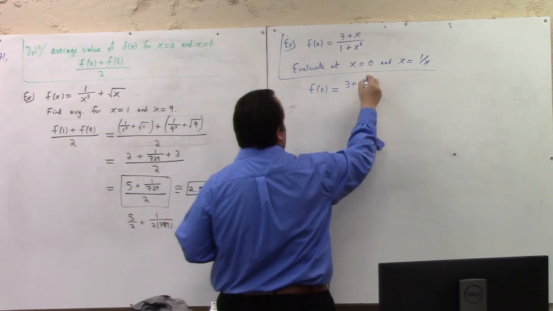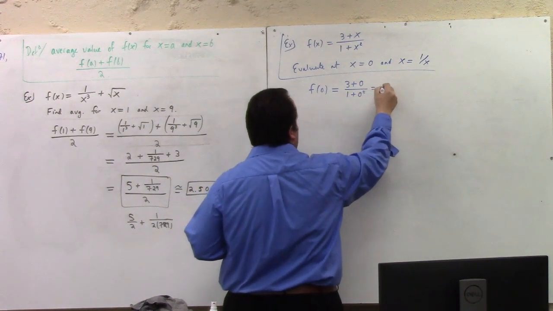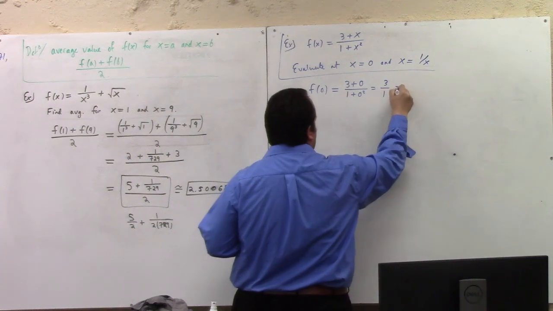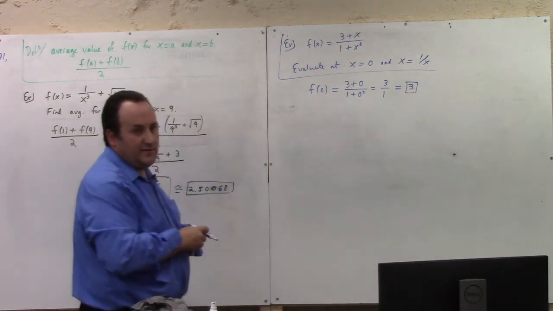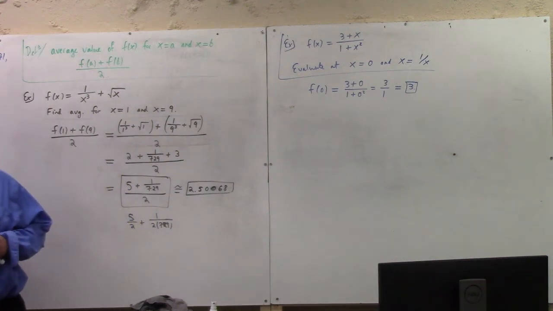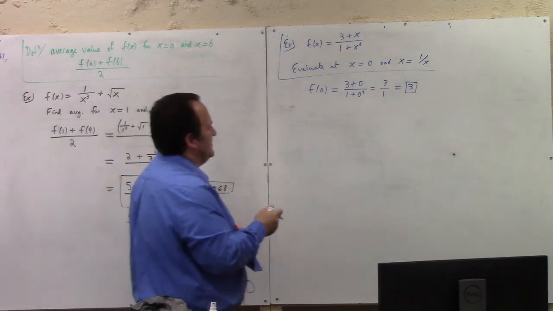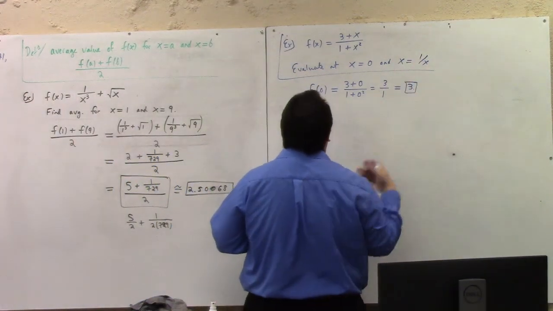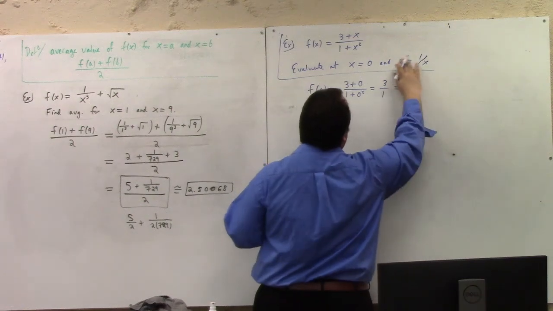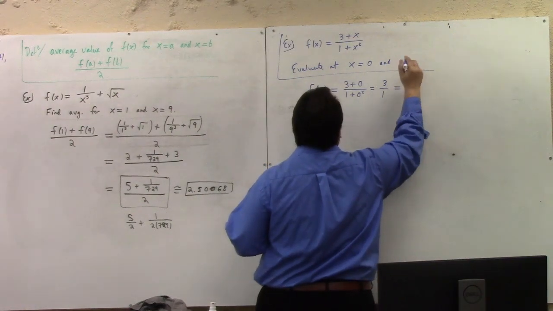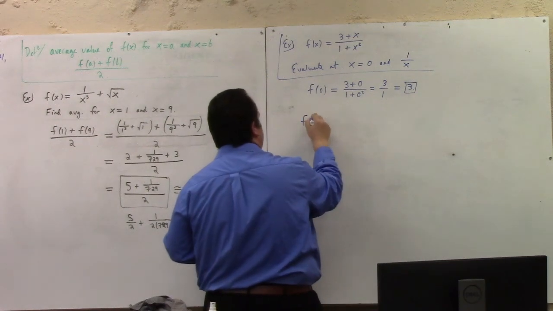The reason you say 3 is that 3 plus 0 over 1 plus 0 squared is otherwise known as 3 over 1, which, as you have already told me, is 3. Hooray. Very good. How about f of 1 over x? I said x equals 1 over x, but that's not really what I want to say. x does not equal 1 over x, right? I want to evaluate at x equals 0 and 1 over x. That's what I should say. What is f of 1 over x?